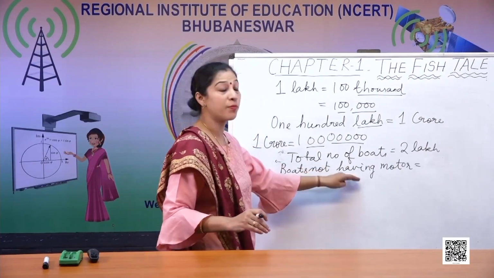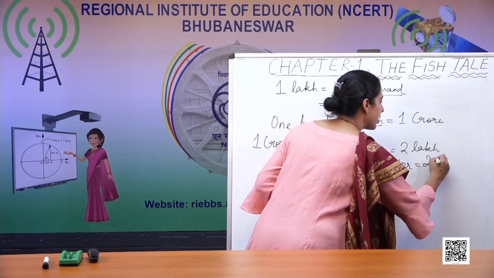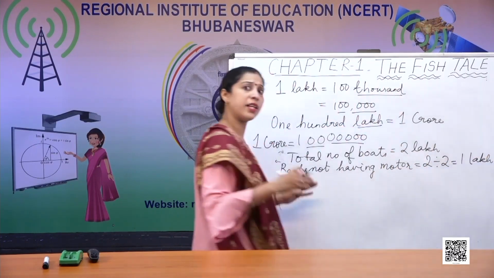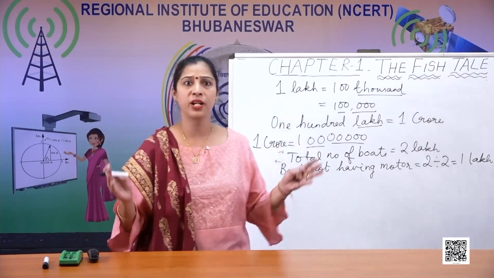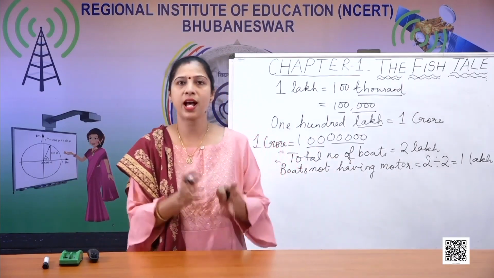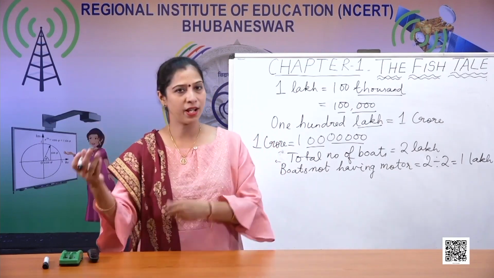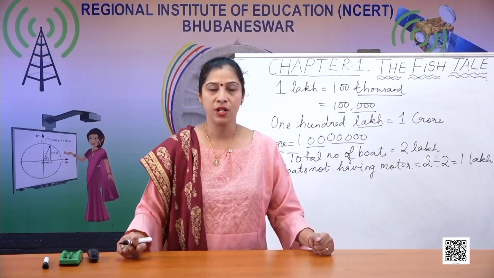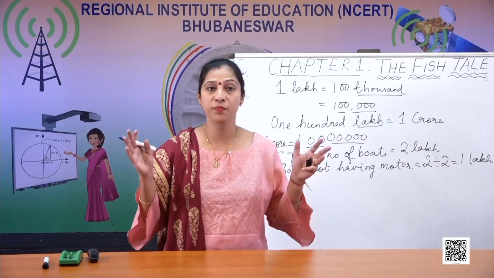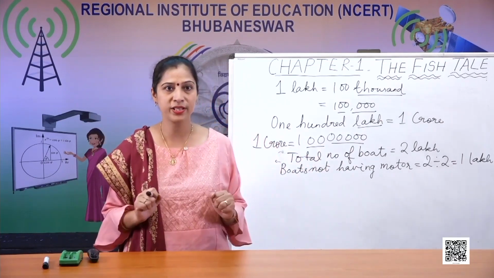Boats not having a motor: 2 divided by 2 is equal to 1 lakh. So the other 1 lakh is the number of boats with a motor, isn't it? If half of the boats do not have a motor, then the other half has a motor. So imagine the kind of pollution they create when these motor boats go inside the water.